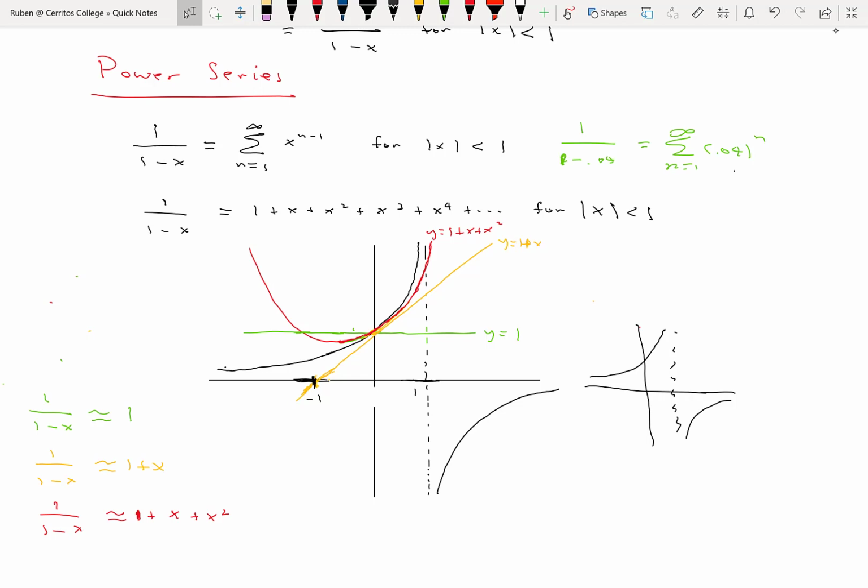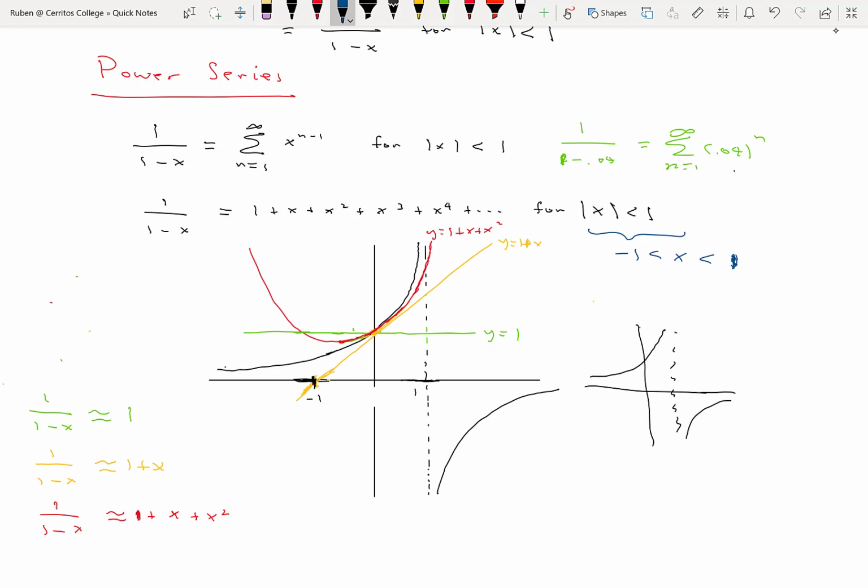The original power series converges in the interval only between -1 and 1. Focus on the absolute value of x is less than 1. Okay, this is an interval that's centered about the origin and lies between x equals -1 and 1.